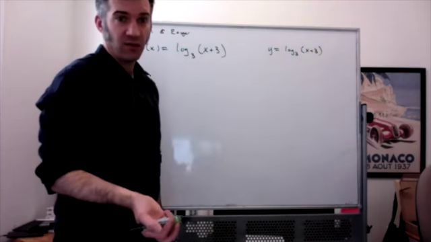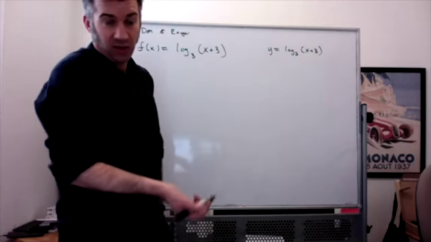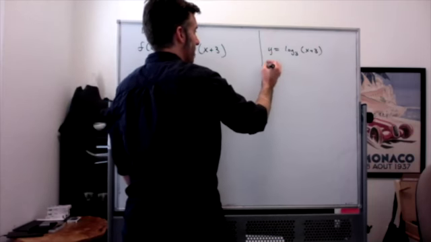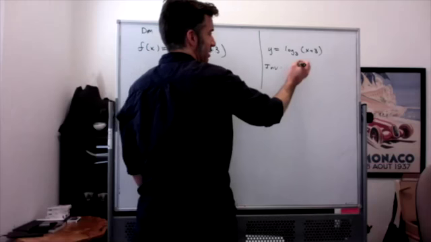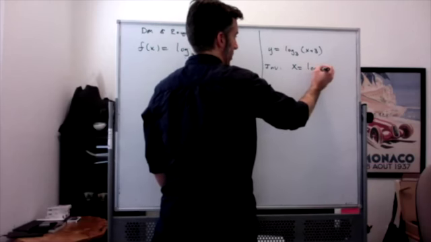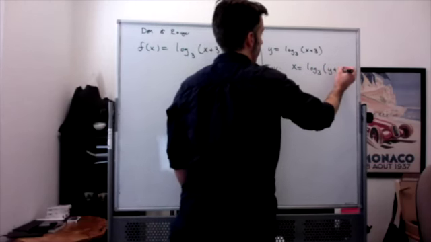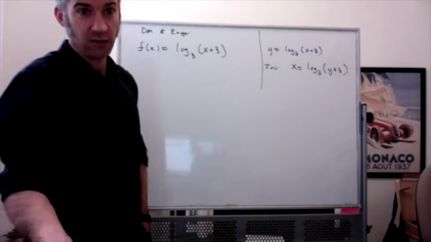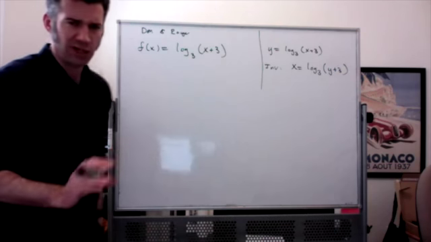And then to graph the inverse, instead of actually trying to solve for it, although we will solve for it, you can just say, well, that's going to be x equal to log base 3 of y plus 3, and not even solve it. It would totally give you the graph of the inverse, which is kind of cool. We're going to solve it, but okay.